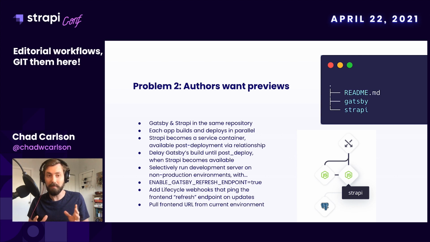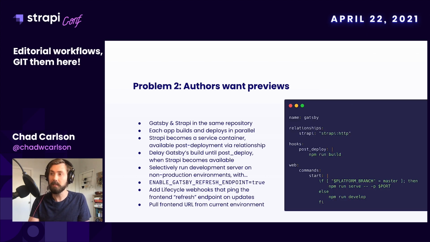And so from there, we can enable the endpoint with this enable Gatsby refresh endpoint equals true environment variable. And then we add, in this case for Strapi, a lifecycle webhook to our content type, to our collection.